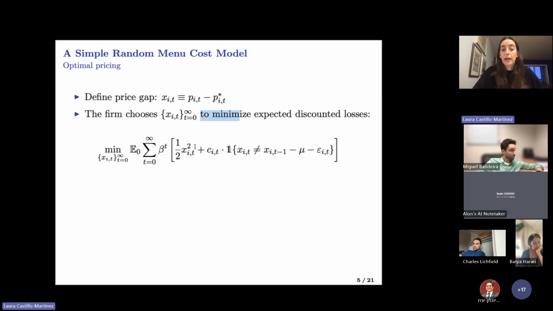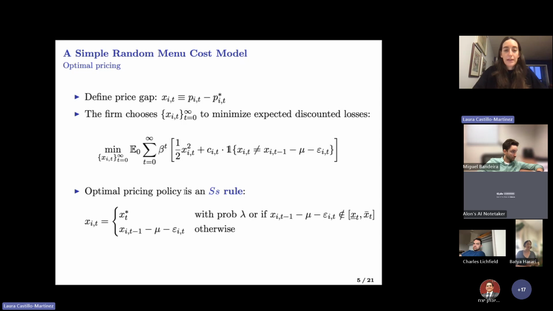So we're going to be accounting for the loss associated to the price gap, just as we defined it a second ago. And also any time that you're changing the price, you're going to have to pay whatever the realization of the fixed cost is. If it's Calvo, it's going to be 0. If not, it's going to be this constant measure c bar.